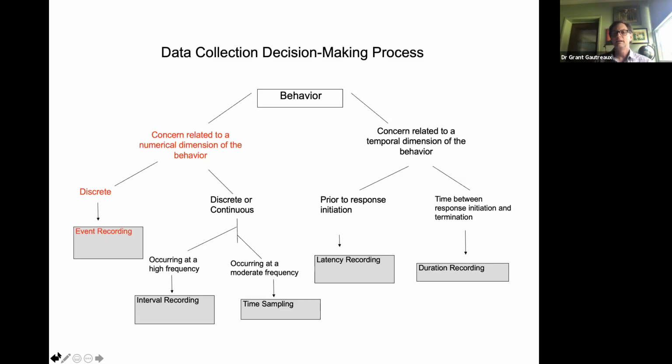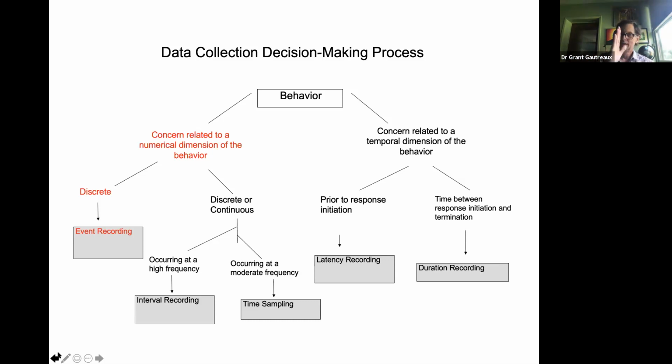And then if the part of the behavior we're concerned with has to do with the passage of time, are we talking about latency, the time that has elapsed from antecedent to the time the behavior gets initiated, or how long is it taking for them to actually do it once they've started responding?